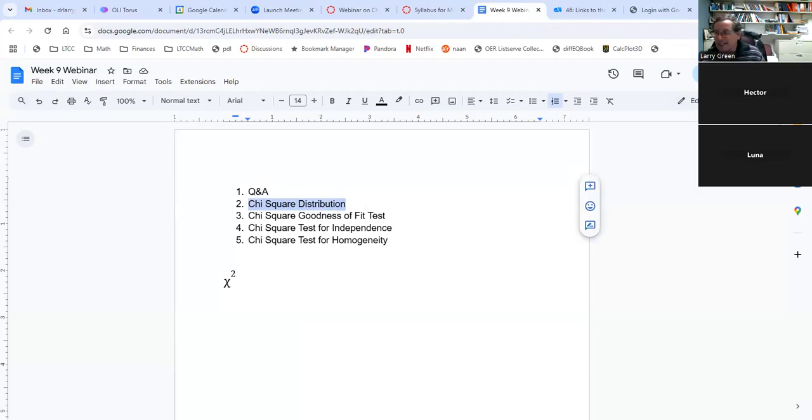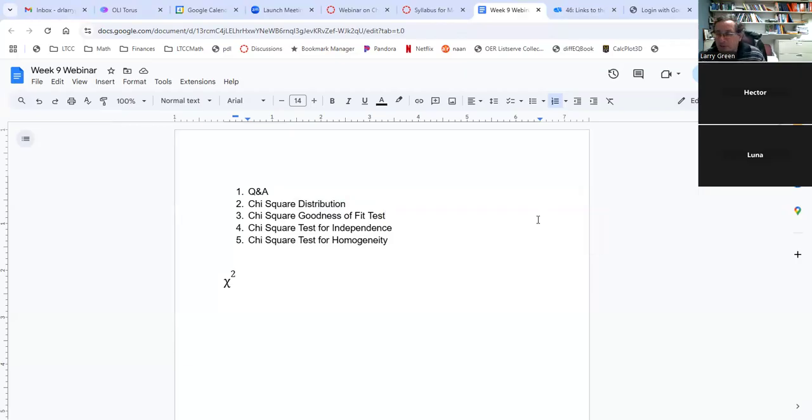If you remember, we've had the binomial distribution, the uniform distribution, the normal distribution, the student's t distribution, and now we're going to have the chi-square distribution. It has very important uses, and that's why it's important to talk about it.